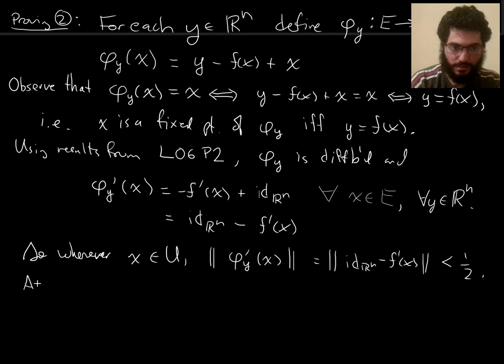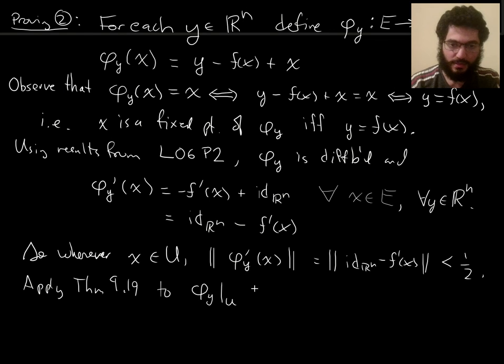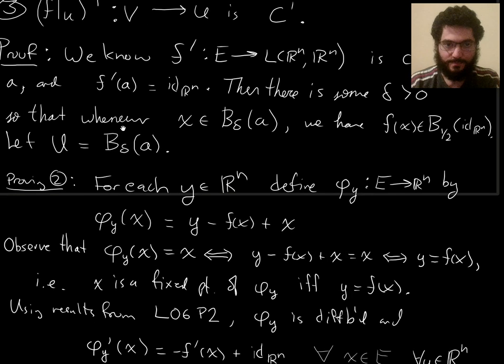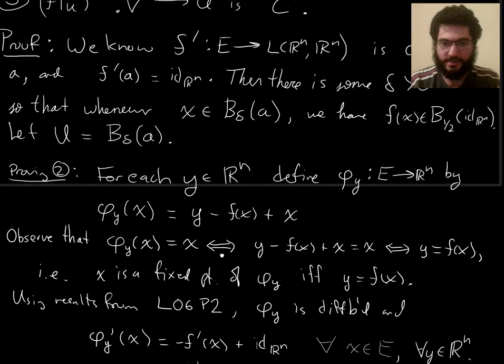So I'm going to apply Theorem 9.19 to phi sub y, but just on U. Notice that U is convex, by the way. U is convex because it's a ball, and Euclidean balls are convex.